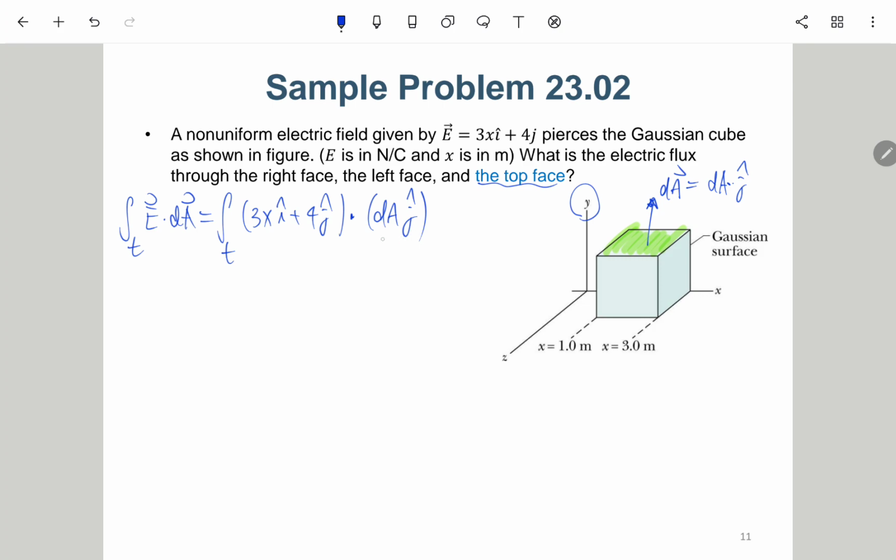Similarly, we distribute this. For the first term, i dot j will be 0, so the first term vanishes. For the second term, j hat dot j hat will be 1. So we have the integration over the T surface of 4 dA. Here we have 4 times the area, which is still 4, which is 16 Nm squared over C.